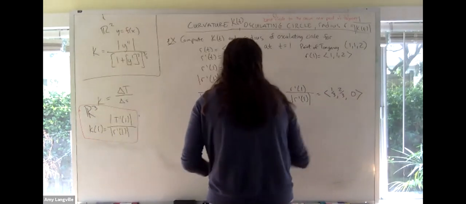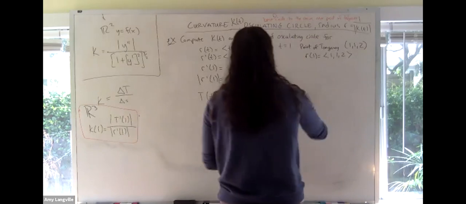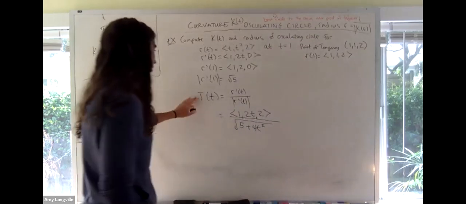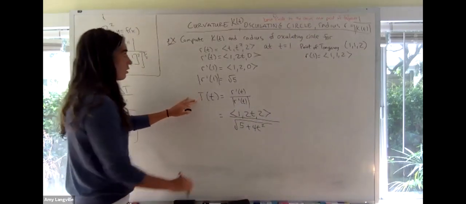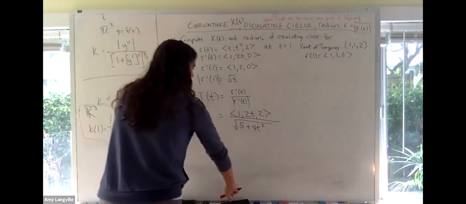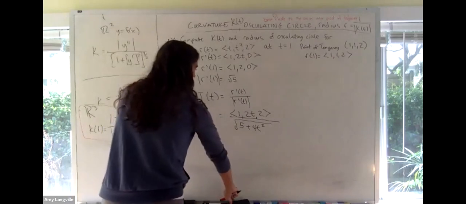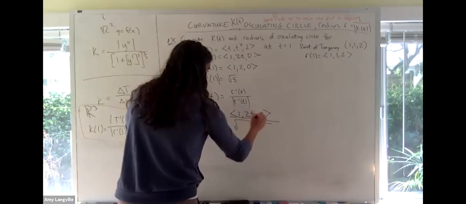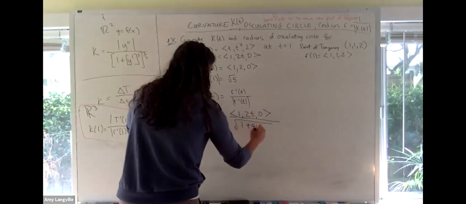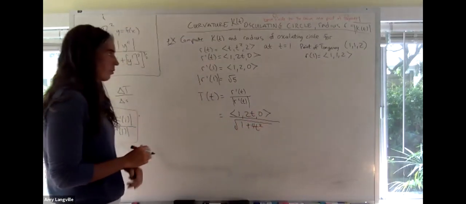Actually, we didn't even need that part. We really just needed to get down to the square root of 1 plus 4t squared. Better?